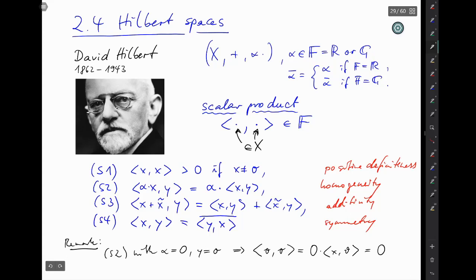So indeed, the result is 0 if x is the 0 vector, and it's positive if x is not the 0 vector. So sometimes you read S1 in this form also.